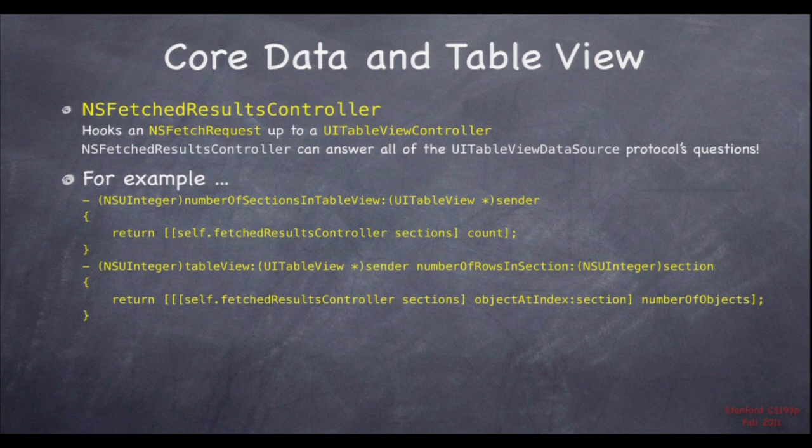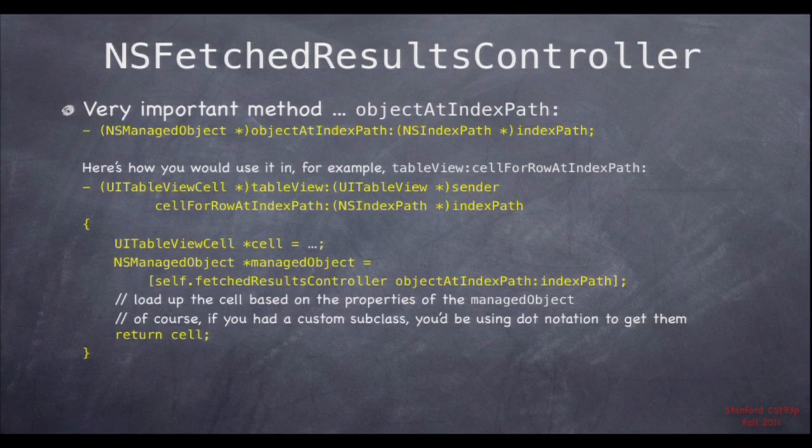So the bottom line is it does all the work for you except for cellForRowAtIndexPath. And even that is easy to implement because of a method in the fetched results controller called objectAtIndexPath. You give it an index path in the table, and it will return to you the NSManagedObject that's being displayed at that row in the table. Okay? Exactly what you want, basically.